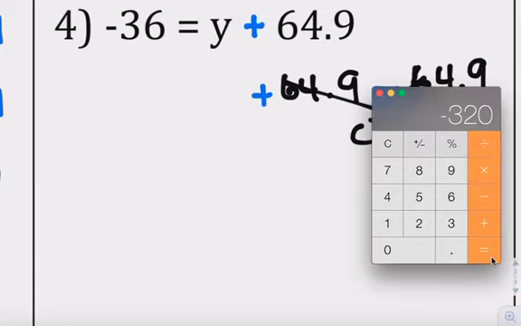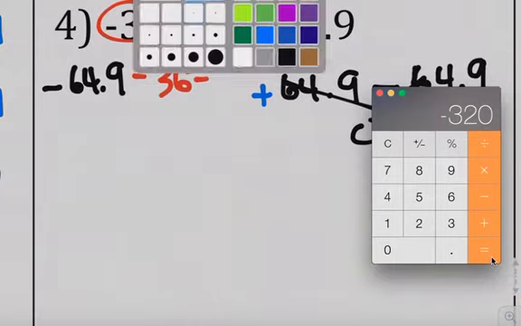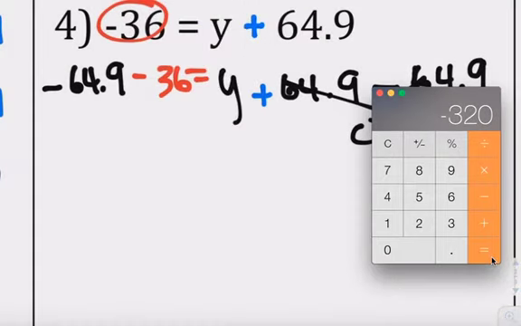Because you minus that on this side, you need a minus 64.9 on this side. But this here is a negative 36 equals this y plus that. Okay?